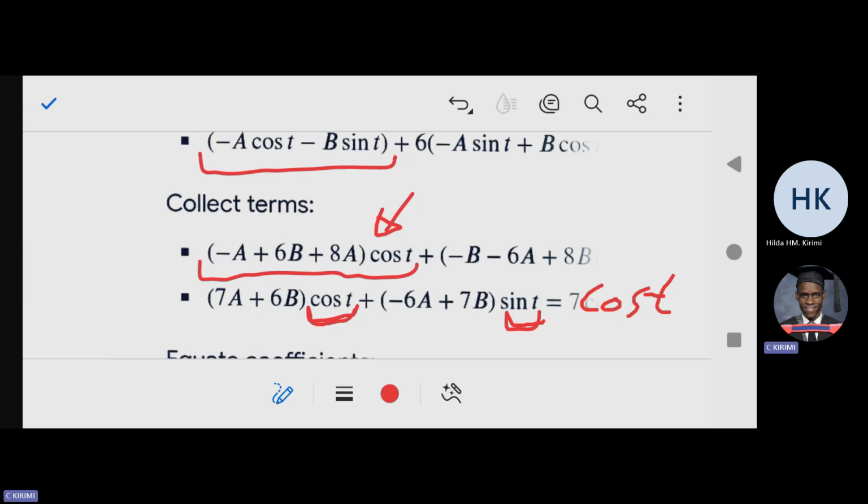Can you see that on the right-hand side, we don't have sin t? Do we have sin t here on the right? No. So it's a hint and it's solving your problem already, because you want to make the left and the right equation the same.